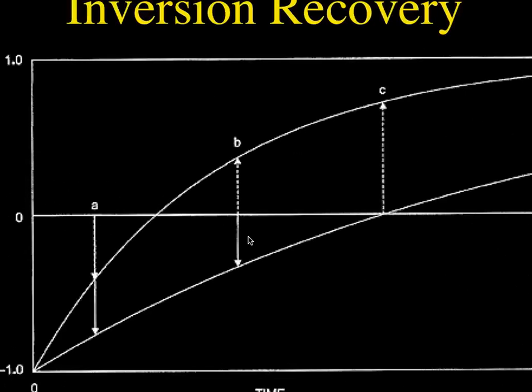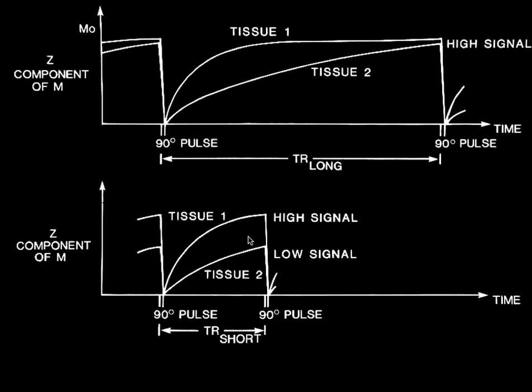Now, there's another way that we can get T1 weighted images. This is a little bit more complex sequence, which is called inversion recovery. Michael, what's inversion recovery? Let's see if I could try to explain it.